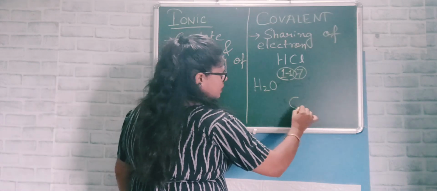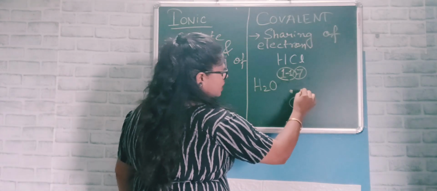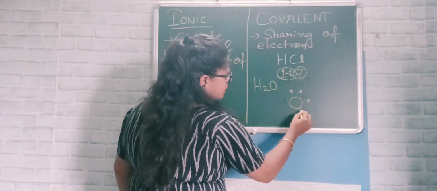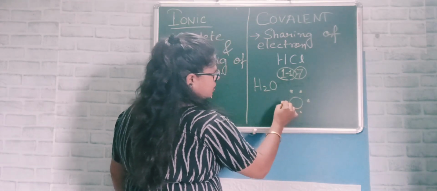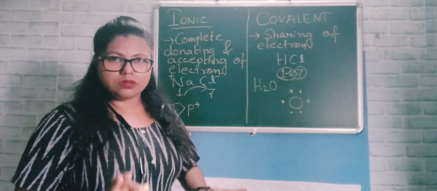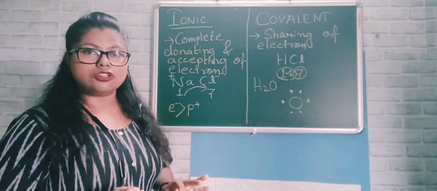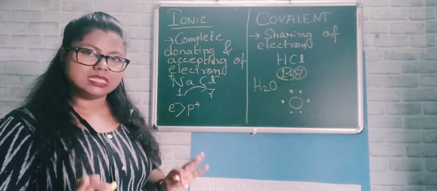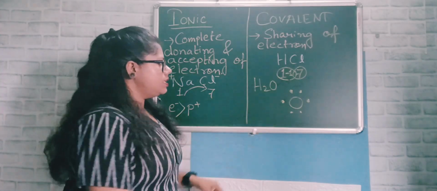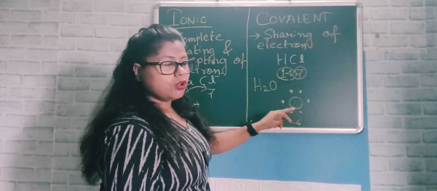Now, if you see, oxygen has 6 electrons in its outermost shell, but it needs more too. All elements need 8 electrons in their outermost shell to turn stable. Oxygen has 6 electrons; I have tried to draw the 6 electrons here.